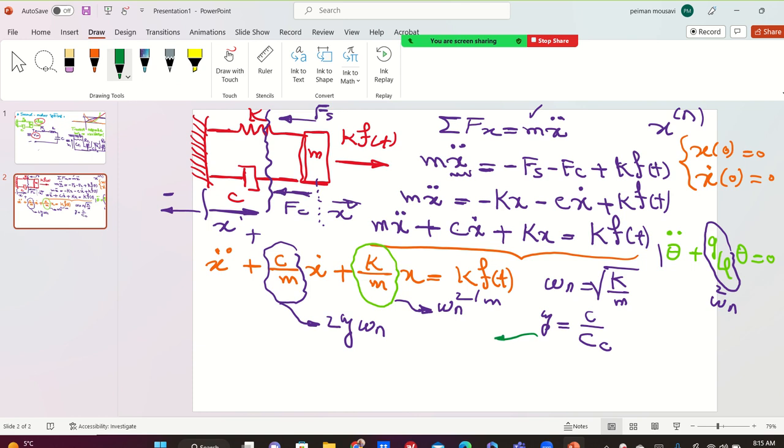So the name of this is the damping ratio. Why damping? Because C is the damping coefficient. C_c is critical, this C stands for critical damping coefficient.